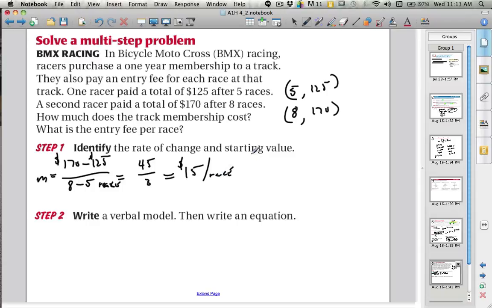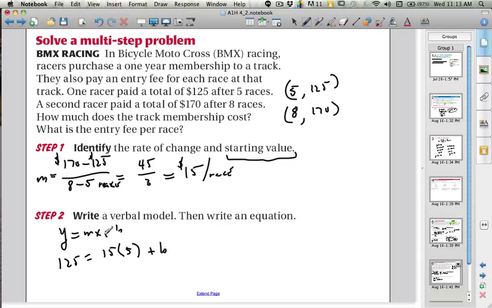If I want to know the starting value, I don't know that right now. So I'm going to use y is equal to mx plus b. And I know that y was 125 when x was 5, plus b.